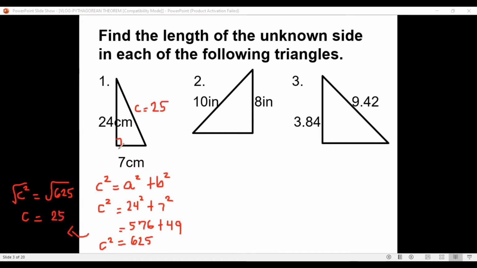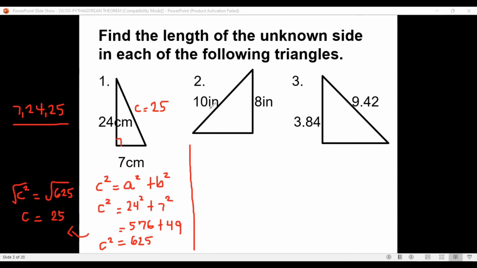So if these are all whole numbers, we can consider 7, 24, and 25 as Pythagorean triples. That is one set of Pythagorean triples. Now let's go to the second example.